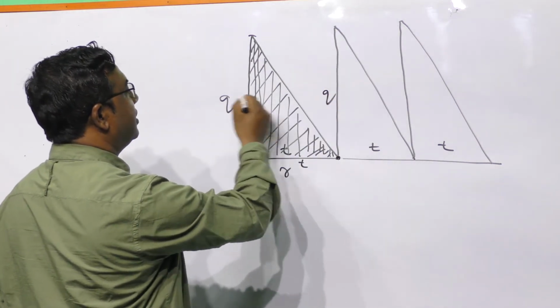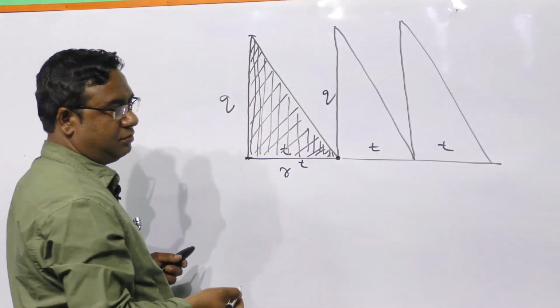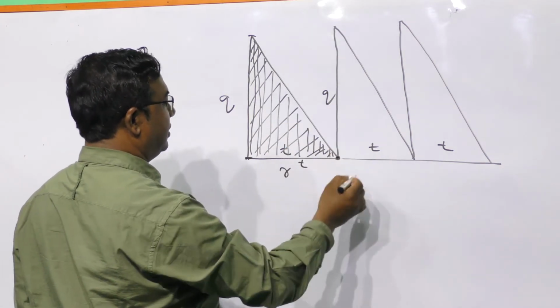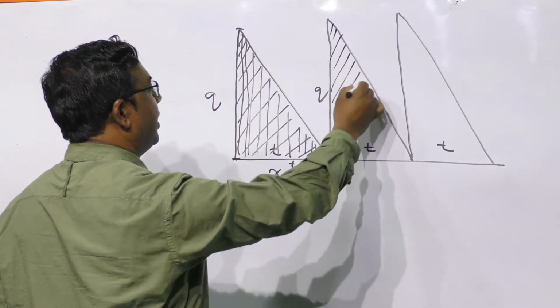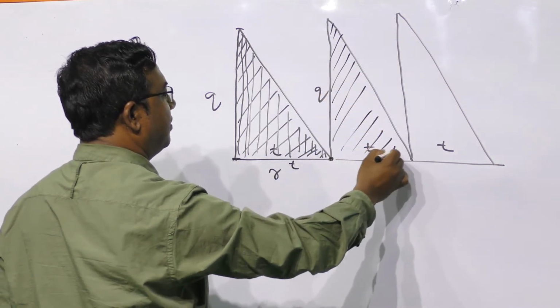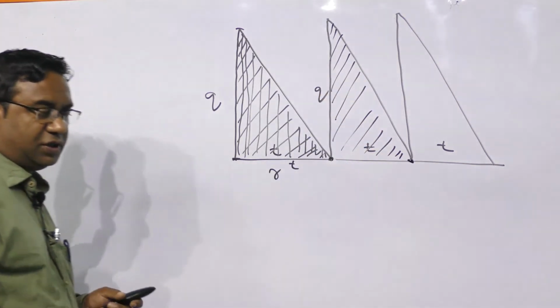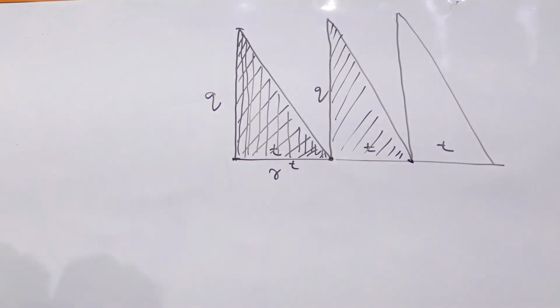So Q is the size of its run. Similarly, in this case also, day by day the stock level decreases and finally becomes 0. So this is the model.